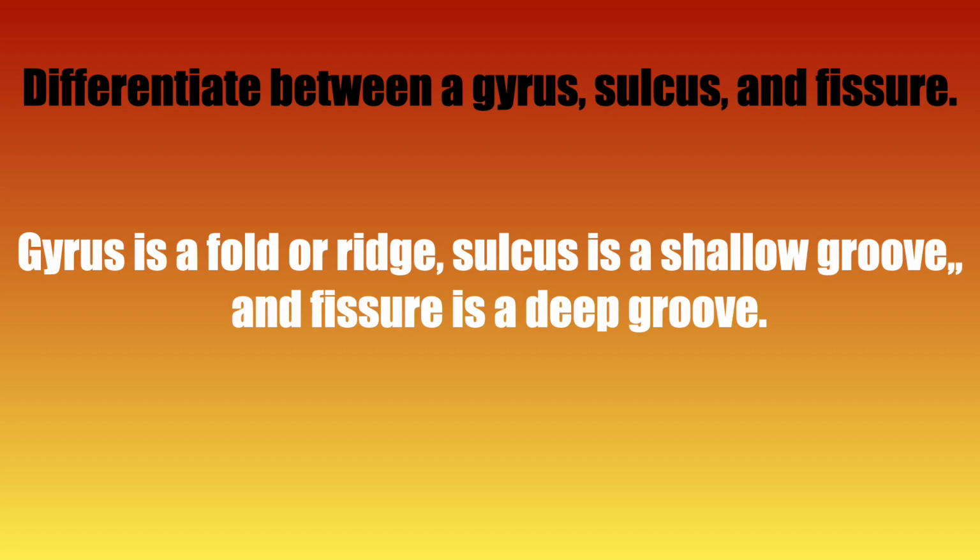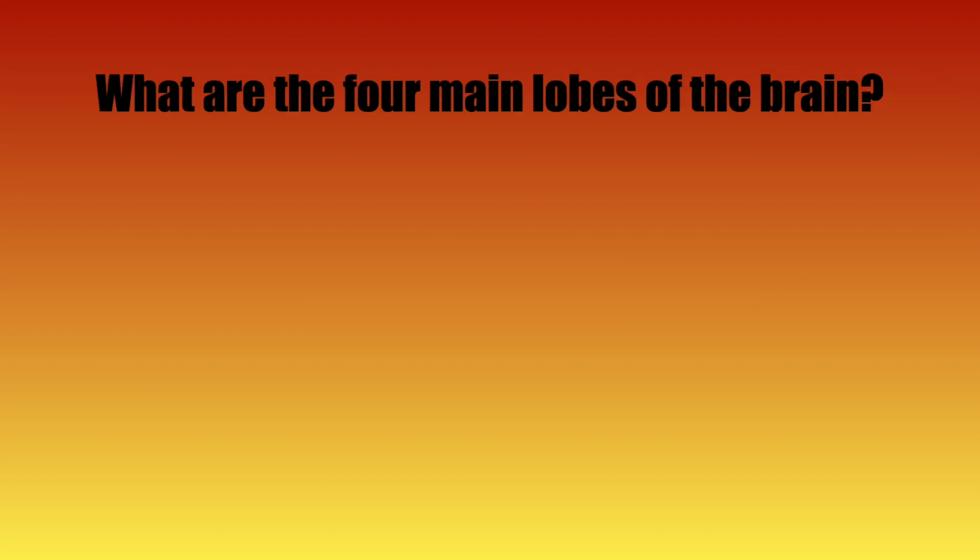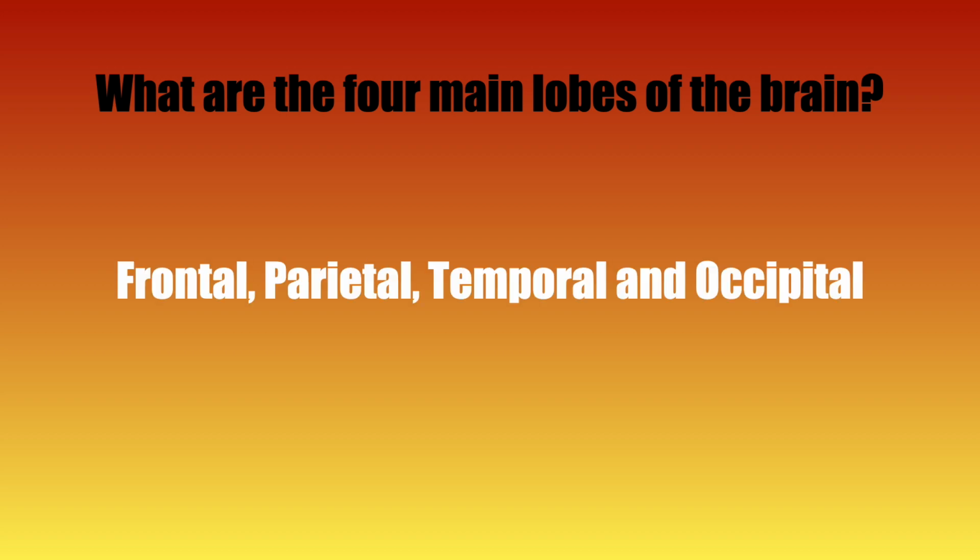The answer is gyrus is a fold or ridge, sulcus is a shallow groove, and fissure is a deep groove. What are the four main lobes of the brain? The answer is frontal, parietal, temporal, and occipital.